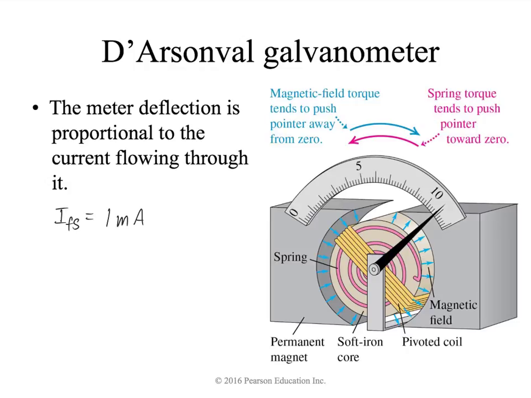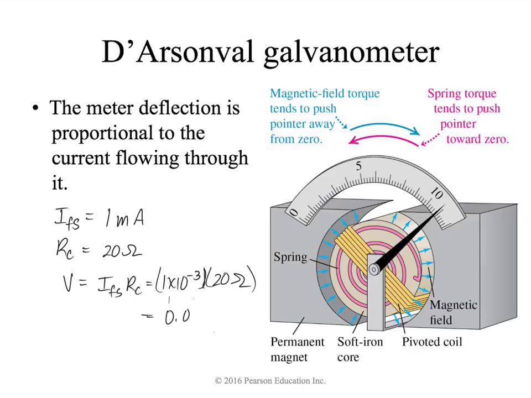So for instance, we might find that our galvanometer undergoes a full-scale deflection when a current of 1 milliamp goes through it. If the resistance of the coil is 20 ohms, then the potential difference across the galvanometer can be found from Ohm's law, which is equal to 0.02 volts, and this will also be referred to as the voltage at full-scale deflection.